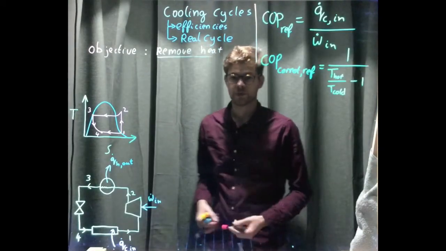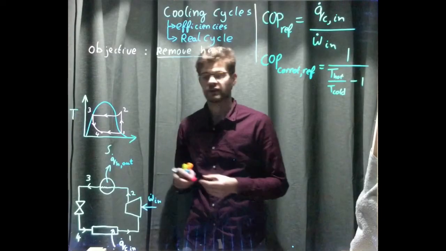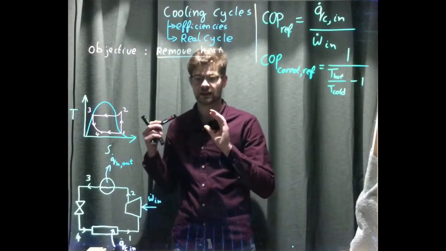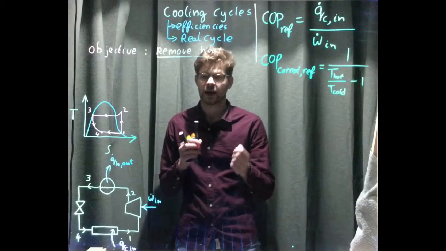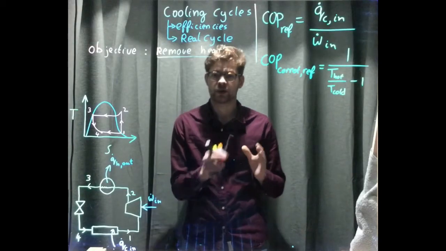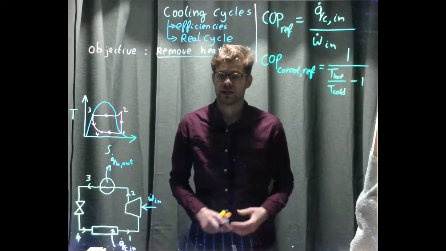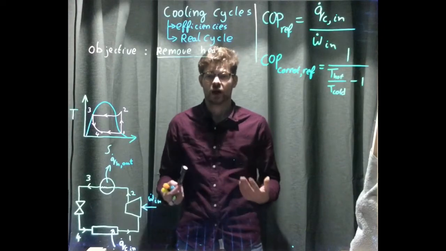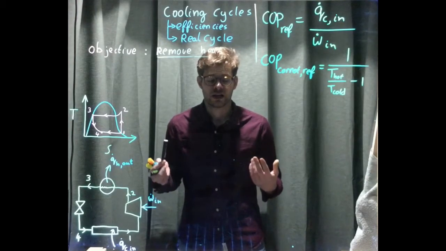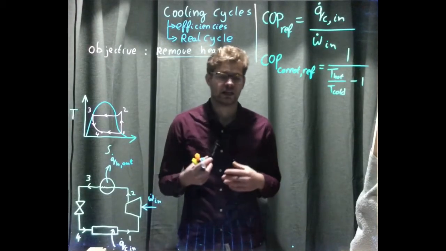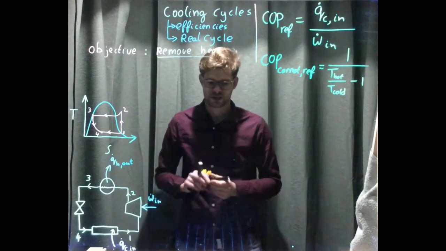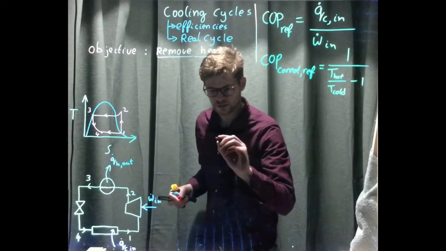So now I've erased the board, I'm going to draw the TS diagram of a refrigeration cycle, and I'm going to point out which differences may arise due to the refrigeration cycle not being isentropic, not an ideal cycle. So let's look over here.